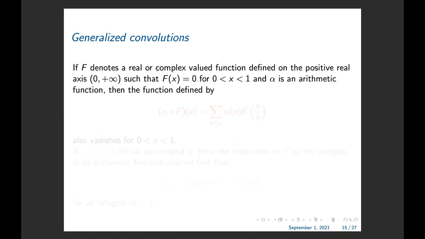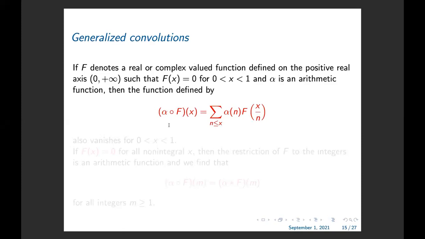So if f is a real or complex valued function, which is defined on the positive real axis, such that f of x equals 0 if x lies in this interval, and if alpha is an arithmetic function, then the function alpha circle f at x is defined like this as the sum over n, alpha of n times f of x by n. So this sum is known as the generalized convolution of alpha and f.